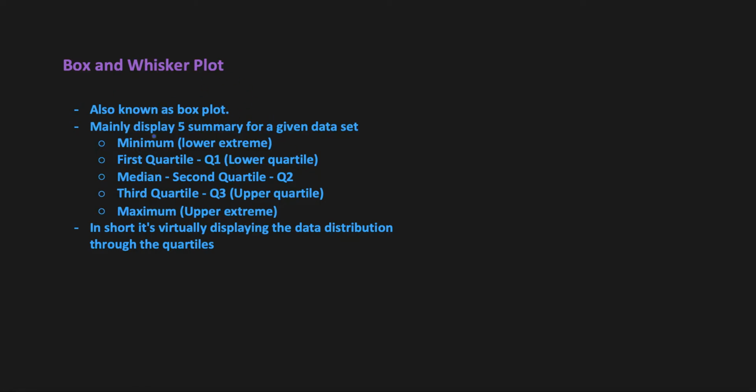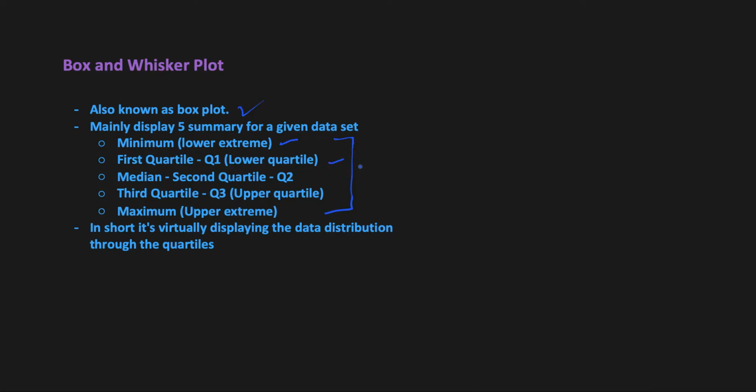The box and whisker plot, we also sometimes call just a box plot. Within a box and whisker plot, it helps us identify 5 different key points, or a 5-number summary, for a given data set. First is the minimum, also known as the lower extreme. Second is the first quartile, or Q1, also known as the lower quartile.